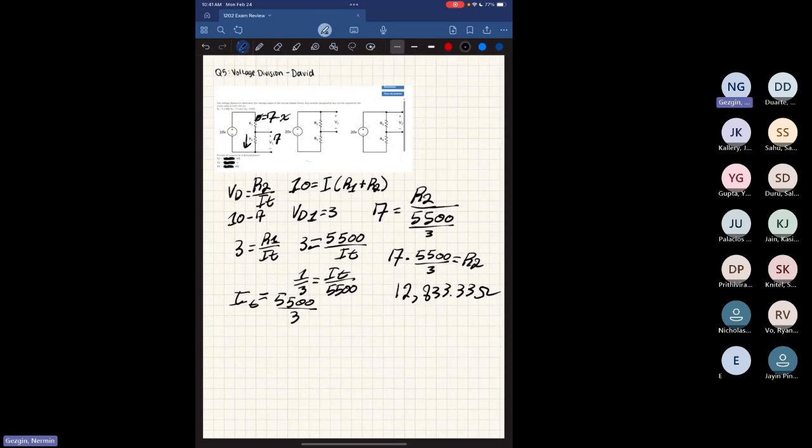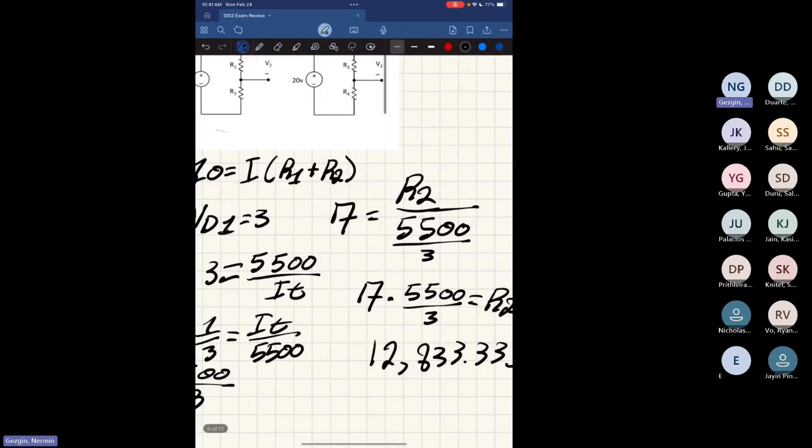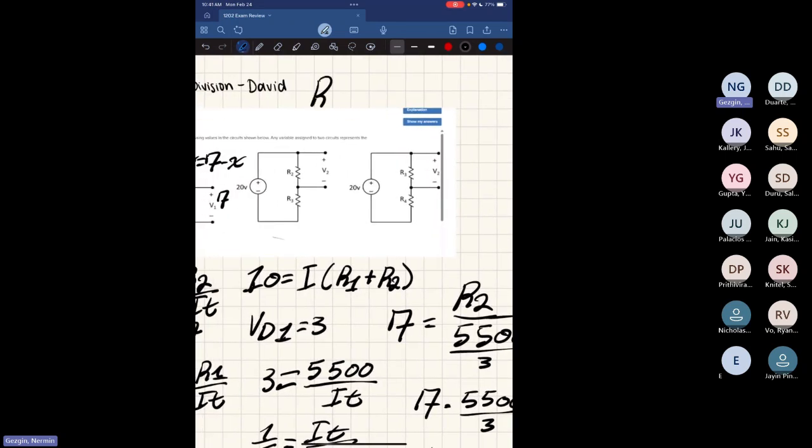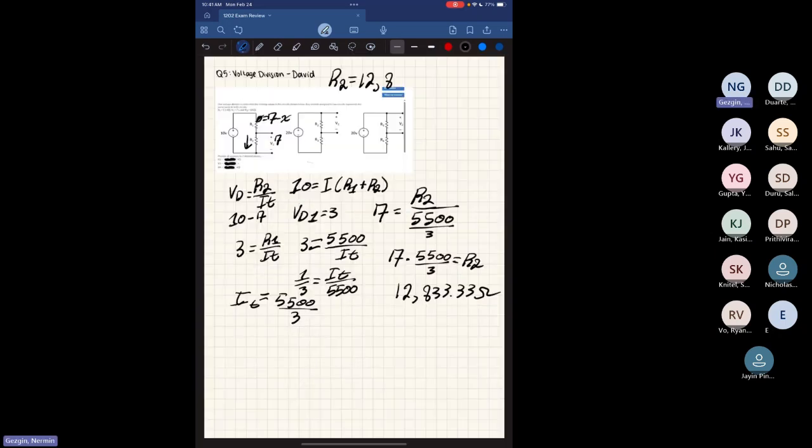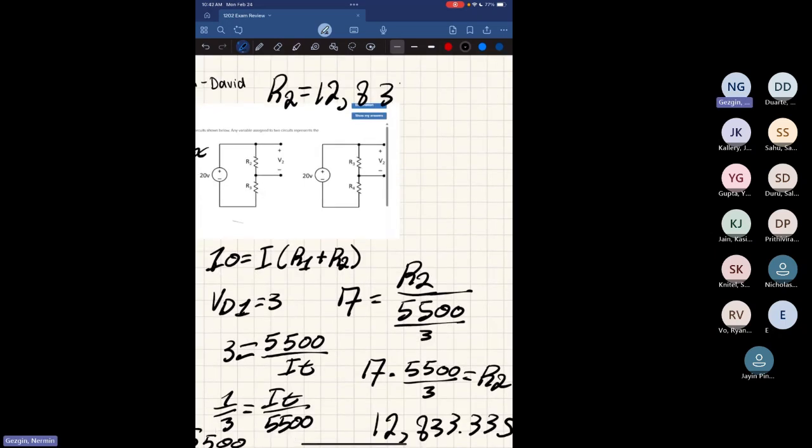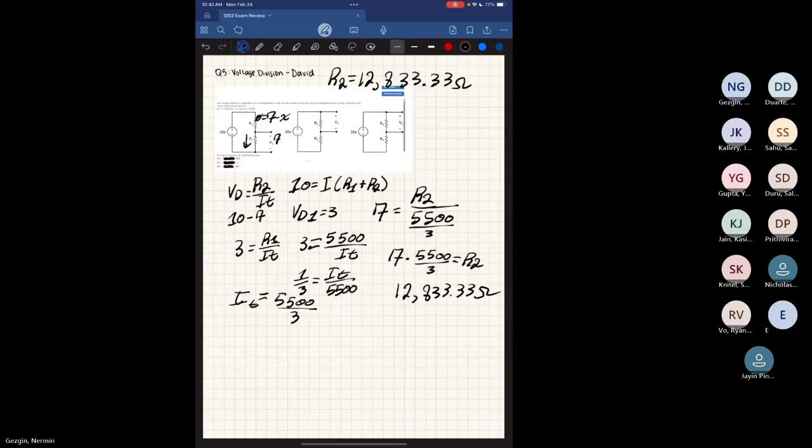So that solves question 1 of this part. So we know that R2 now equals that. And I'm going to have to erase.